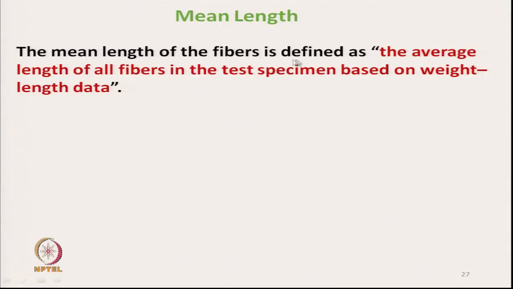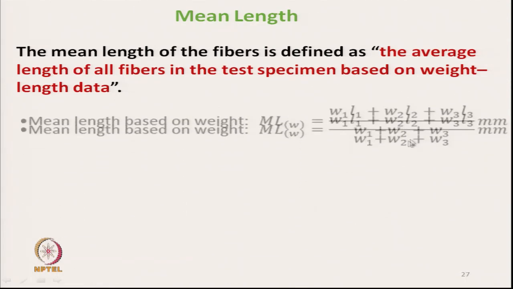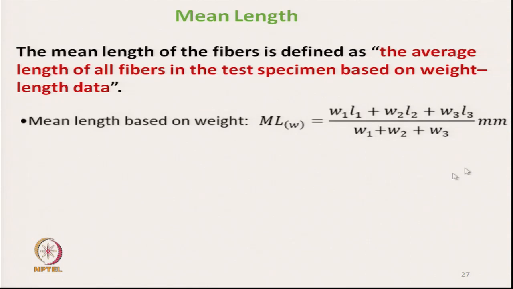The mean length of fiber is defined as the average length of all fiber in the test specimen based on weight length data. The total mass of fiber W1 has length L1, with length L2 the mass is W2, with length L3 the mass is W3, and so on, divided by the total mass.